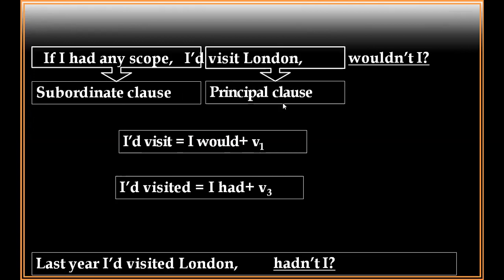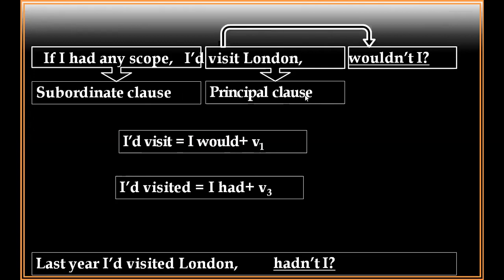There are two clauses. One is subordinate, other is principal. Generally we will do tag question according to the principal clause. I would visit London. Here, I'd means I would. Okay, wouldn't I? I'd visit, that means I would visit.